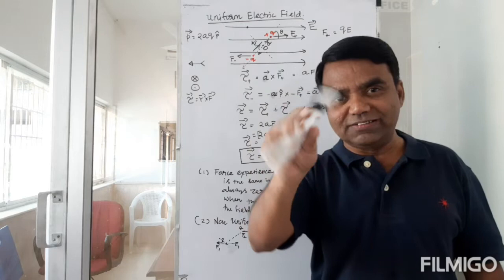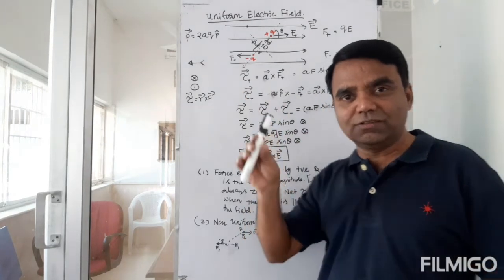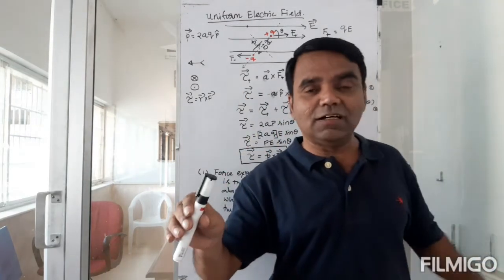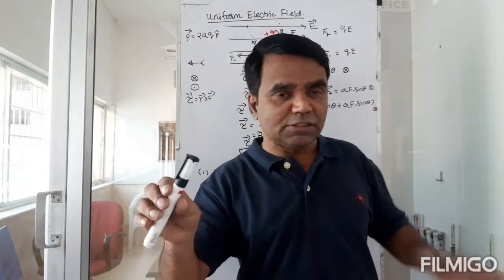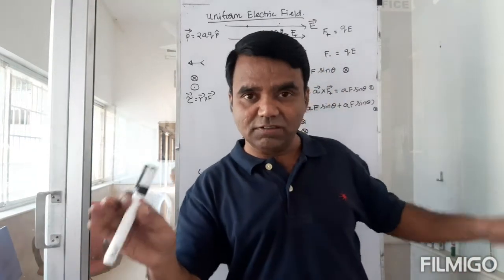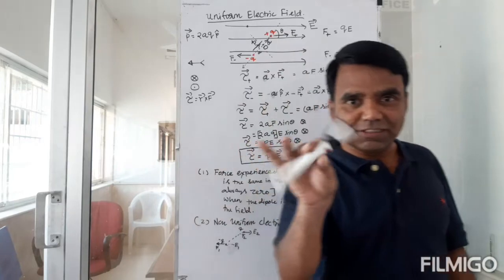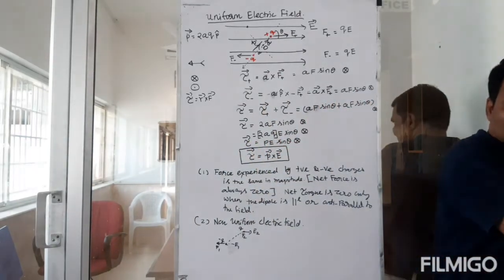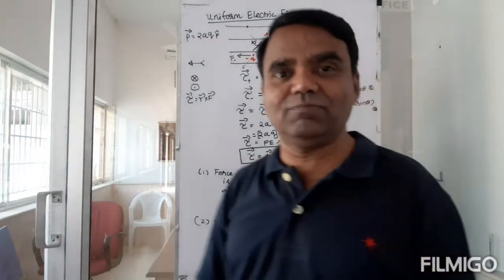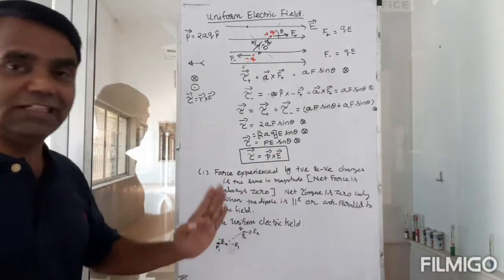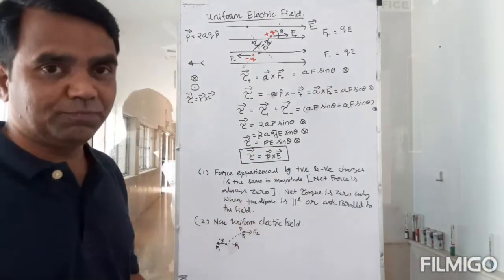So it will be vibrating like this in a uniform electric field. But in a non-uniform electric field, suppose this is greater and this is smaller, then it will vibrate and also move like this. It will move in the direction depending on which field value is greater, E2 or E1.